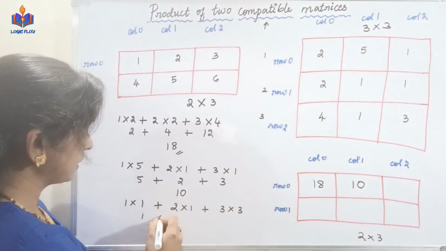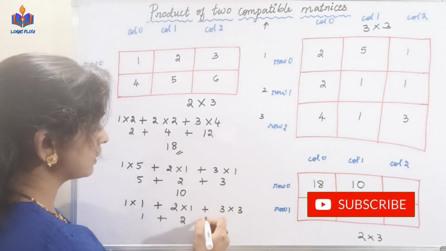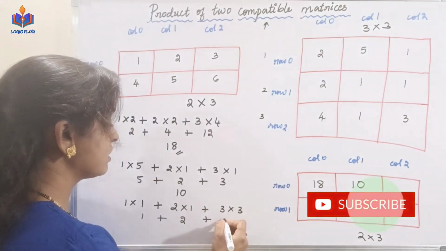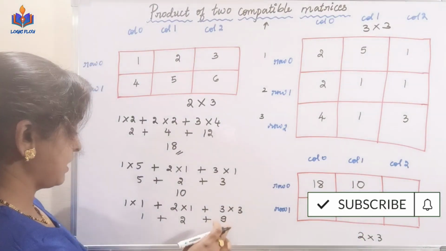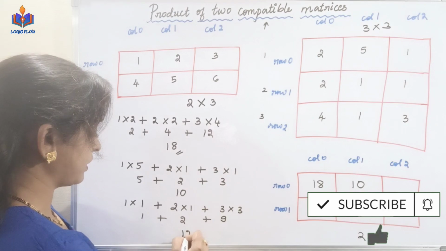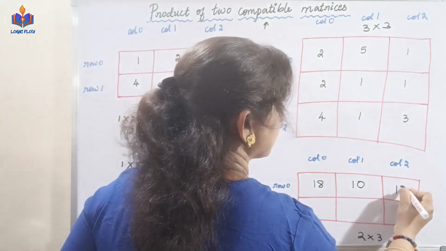So it is 1 plus 2 plus 3 3s are 9, 9, 10, 12. So my next value is 12.